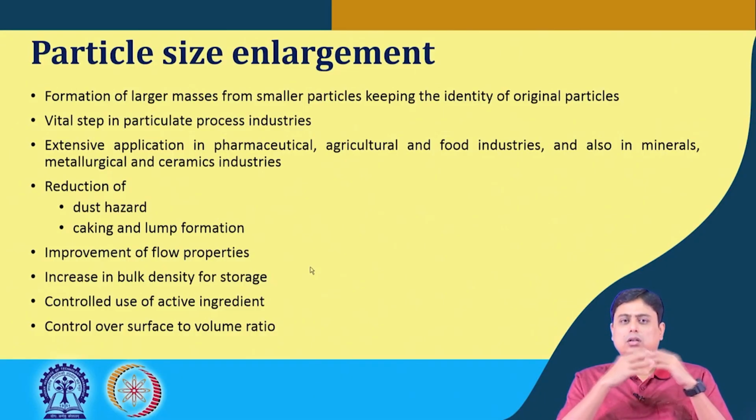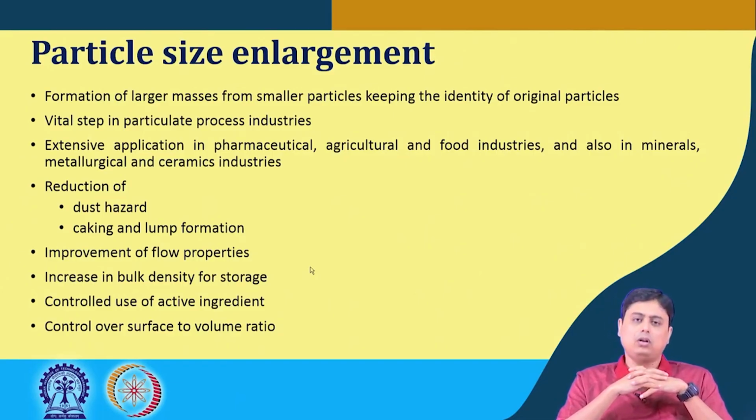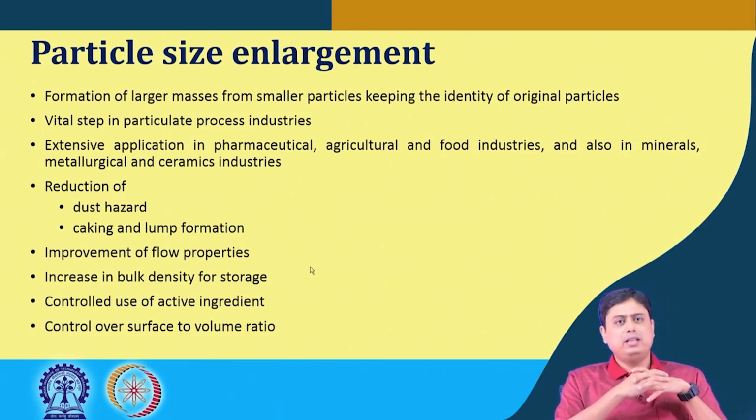It is not easy to make them flow. Instead, if you had some aggregates of these smaller particles, they can roll over very quickly. Which means by enlarging the size, we also improve its flowability or flow property. We increase the bulk density for its storage.